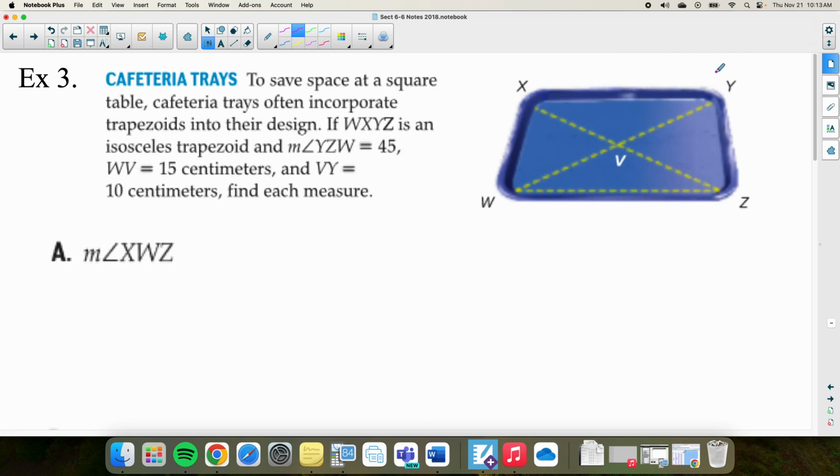It says to save space at a square table, cafeteria trays often incorporate trapezoids into their design. If WXYZ is an isosceles trapezoid, so again, parallel, parallel, congruent, congruent, and the measure of angle YZW right here is 45, and WV is 15.